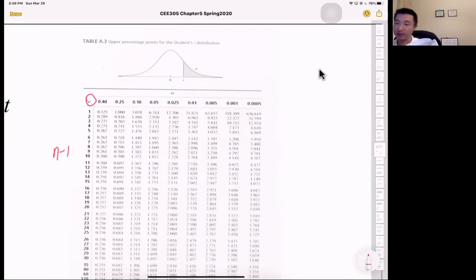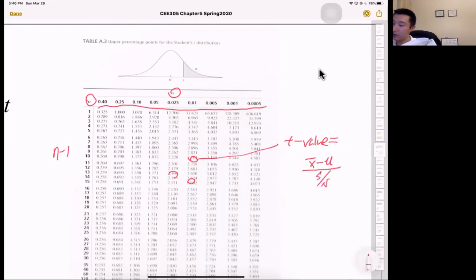The alpha in the first row is the probability, and the values here are called t-values. The t-value is equal to the sample mean minus mu, over s divided by the square root of the sample size. So this is how we use the t table.